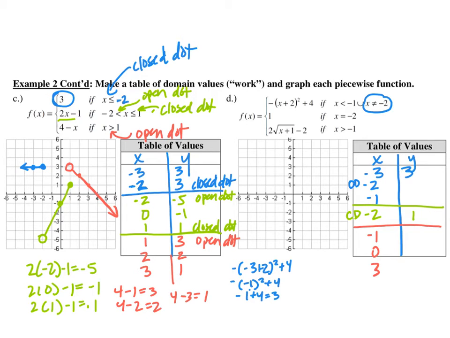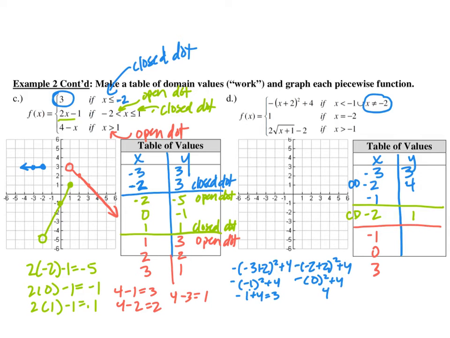All right, now we have (-2 plus 2) squared plus 4. -2 plus 2 is 0. 0 squared is 0, 0 plus 4 is just 4.